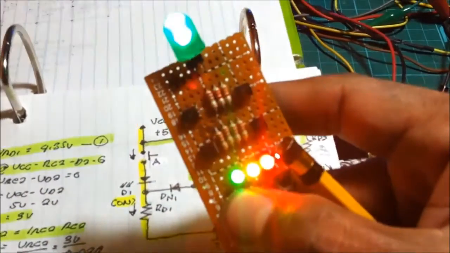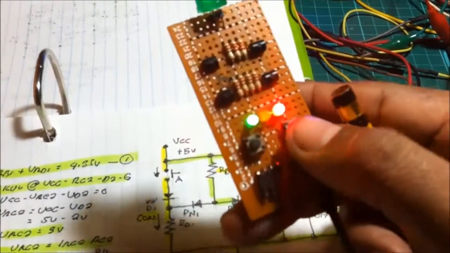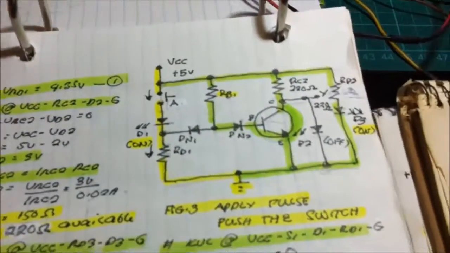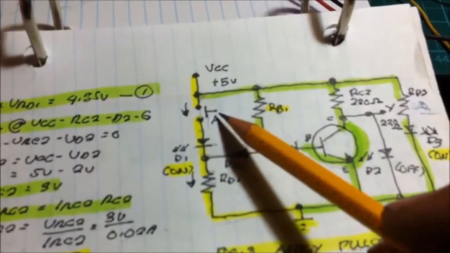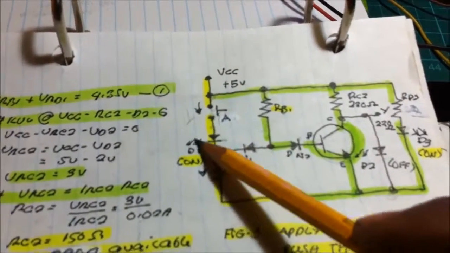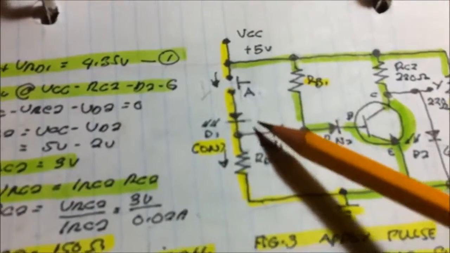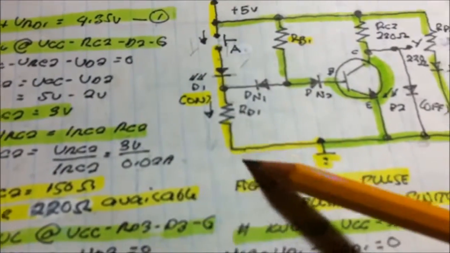Pushing the switch, it latches. But before that latching effect, let us see the effect of pushing the switch here. When you push the switch, current flows here to switch A, to D1, to RD1, to the ground.